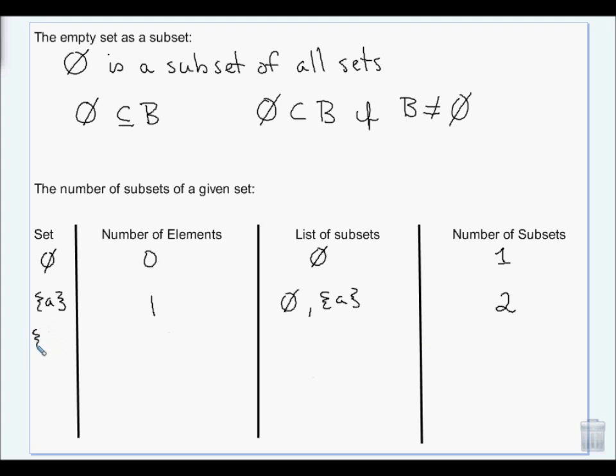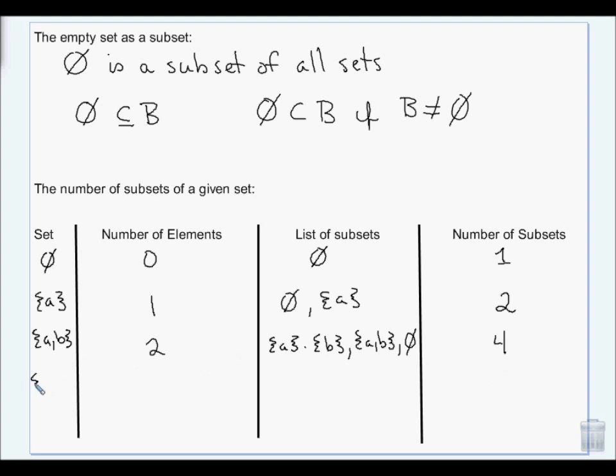If I have a set that has A and B in it, I have 2 elements. My subsets are the sets A, B, AB, and the empty set. So I have 4 subsets.